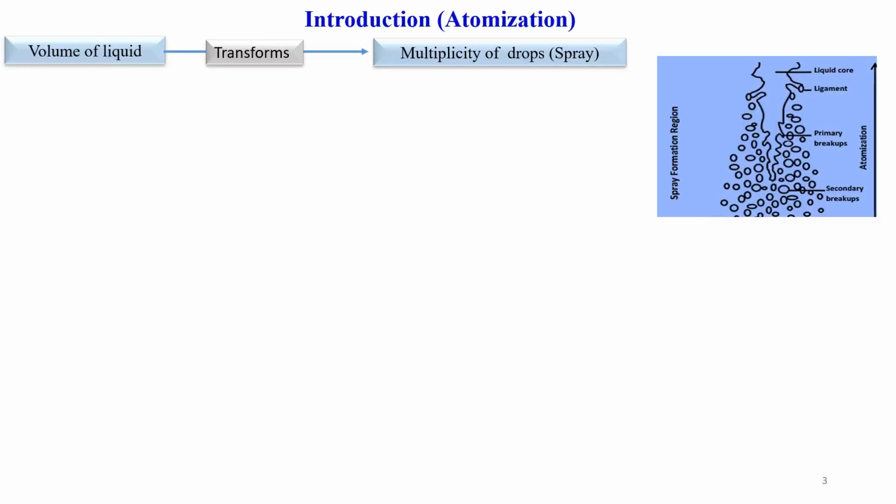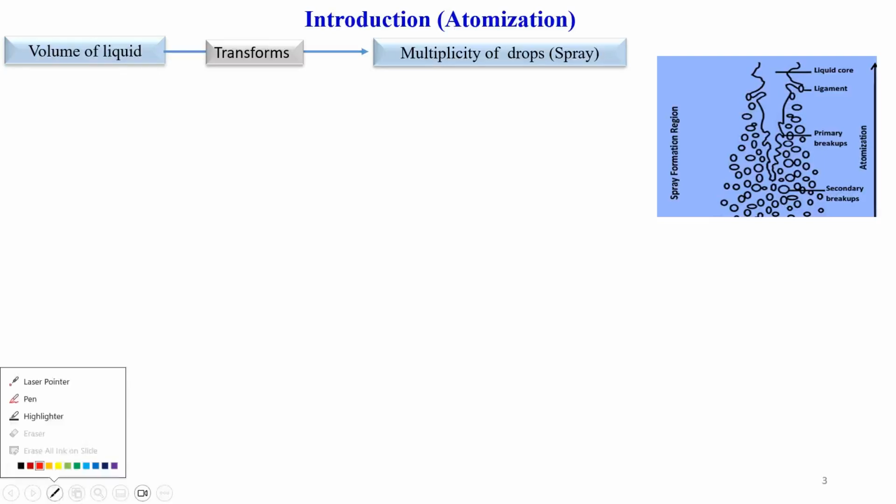Atomizer is the device which converts a volume of liquid into a multiplicity of drops. The process of converting a volume of liquid into a multiplicity of droplets, a spray, is known as atomization. Here in this image we can clearly see the atomization process.